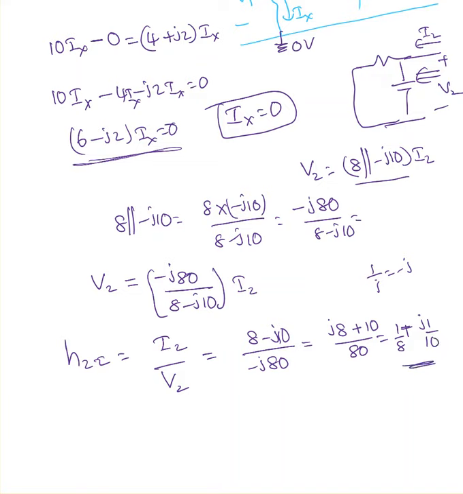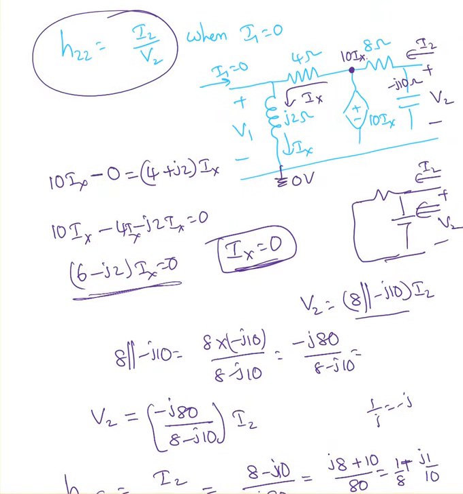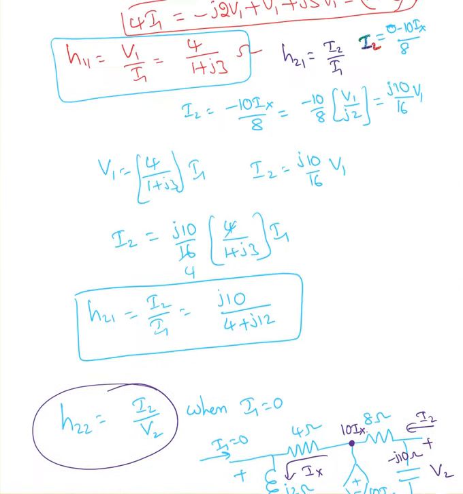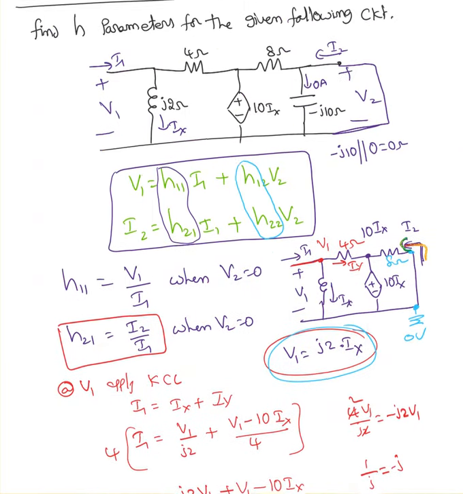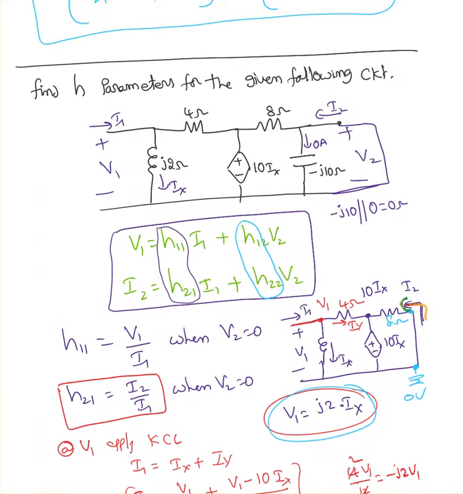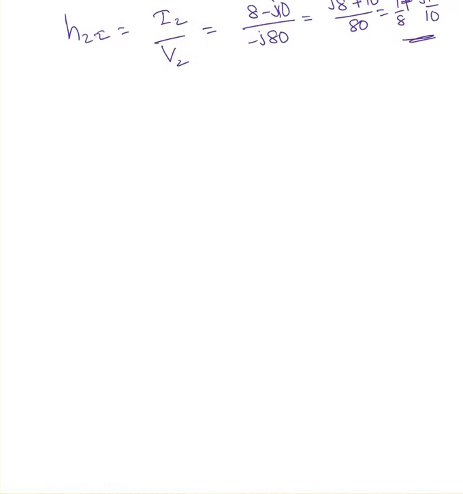Okay, but it's a very simple equation. I don't know why I didn't take Ix equal to 0. From this you can clearly see Ix equal to 0. Now I have H22. Next, I want to find H12. H12 equal to, from the given equation, V1 over V2.